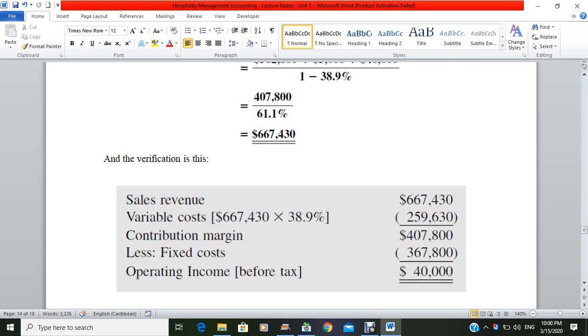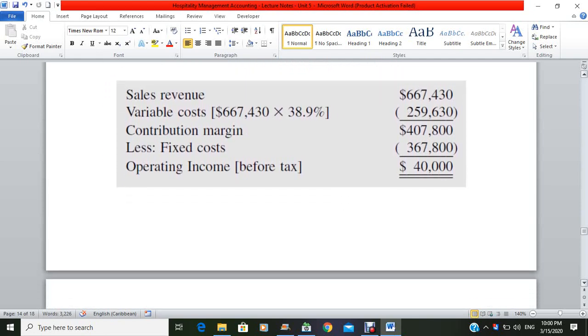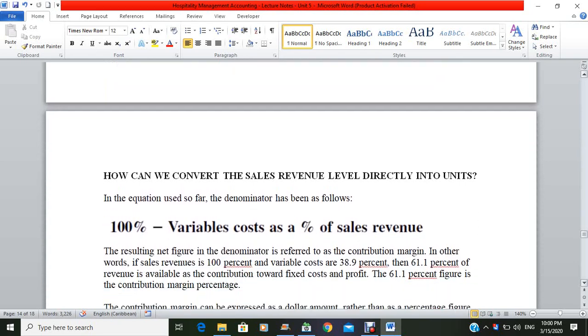You get $259,630. Subtract that and you get $407,800. Then you subtract the fixed cost and you get $40,000. This shows us that our sales figure is correct. So the contribution margin income statement is used to check the calculation you have done for your sales revenue or otherwise. Good.